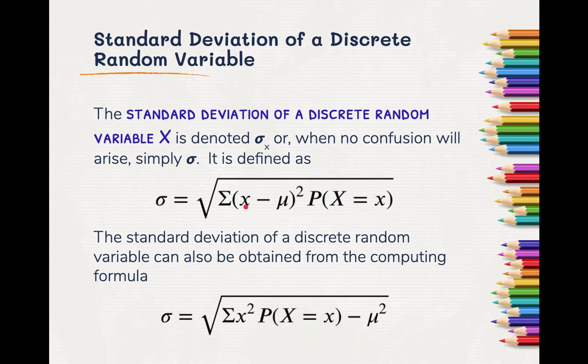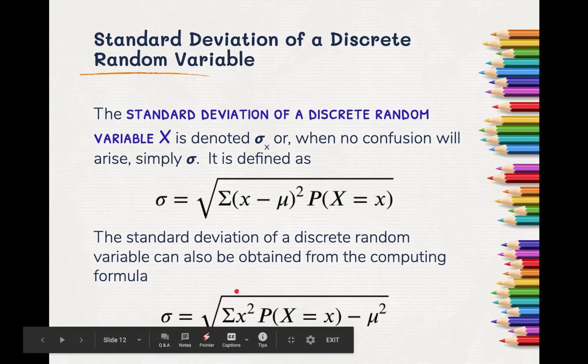So for each x value, you say (x minus mu) squared times the probability of X equals x. Then we go to the next, (x minus mu) squared. So we're not taking this sum and multiplying by one probability; you're multiplying by a probability each time. So that's to get straight on this formula. On the computing formula, you take x squared times the probability of X equals x, sum all those up, and then subtract mu squared. Then we take the square root to get my sigma.